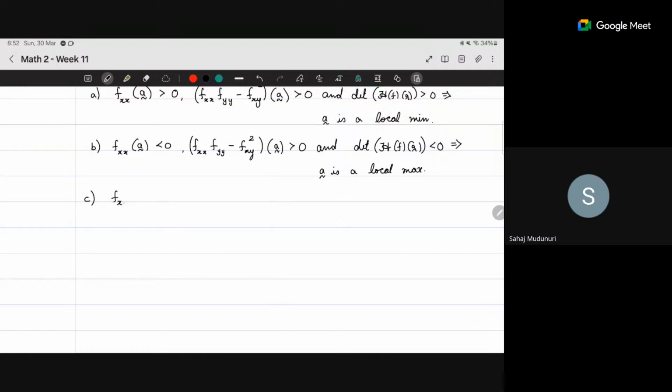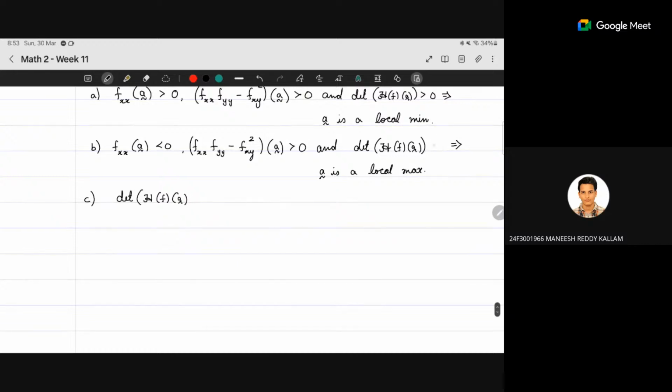Now, if the determinant is not equal to 0 and cases A and B do not occur, then a tilde is a saddle point.